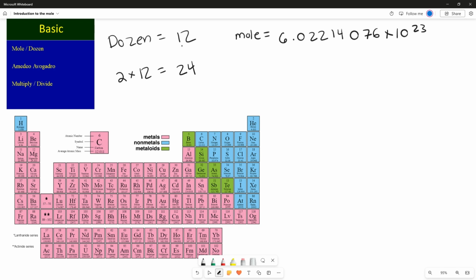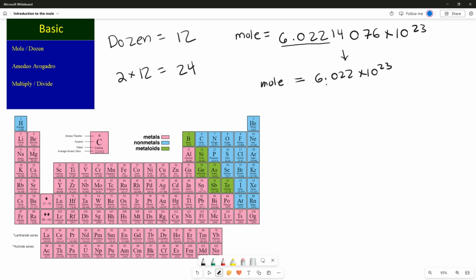Now, chemists don't usually remember it out to that many digits, so we just round it to 6.022 times 10 to the 23rd. And that's the number that you're going to want to remember for this course. 6.022 times 10 to the 23rd.